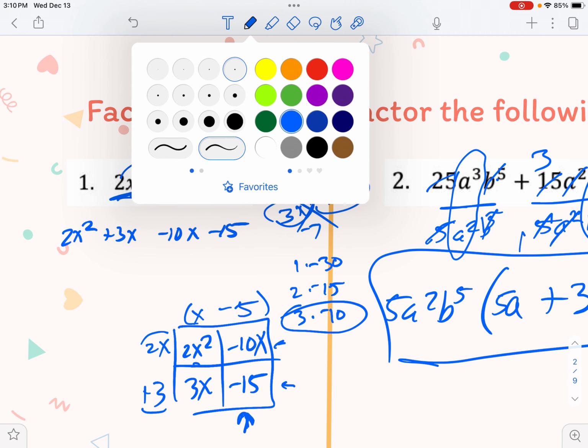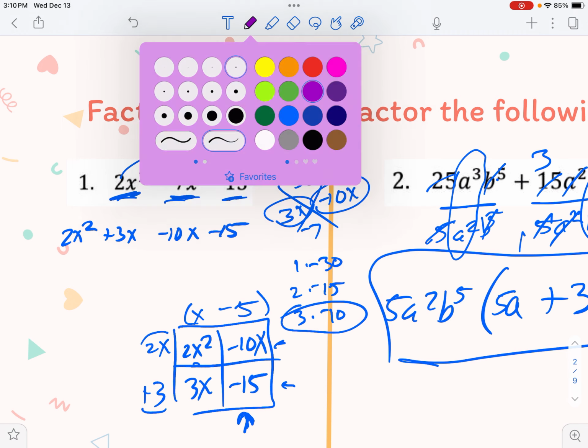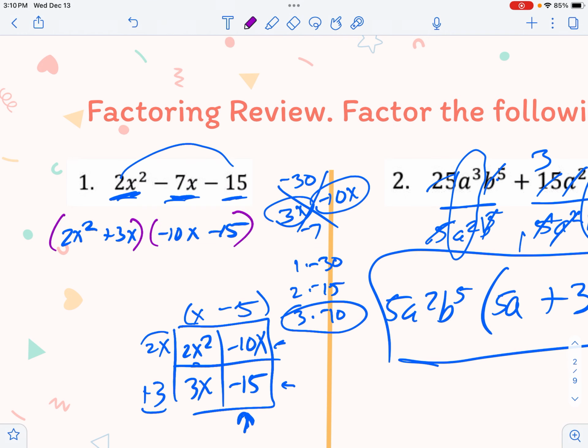I should get the same thing here with the grouping. I'm going to group these two together and these two together. Actually, I can only take an x out of both of these. So that's x times 2x plus 3. These are both negative, so I'm probably going to take out a negative 5, it looks like.